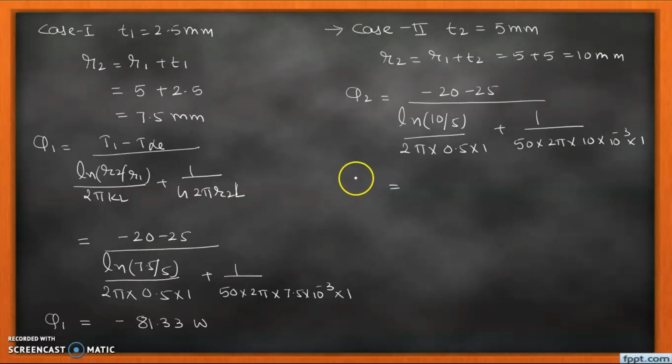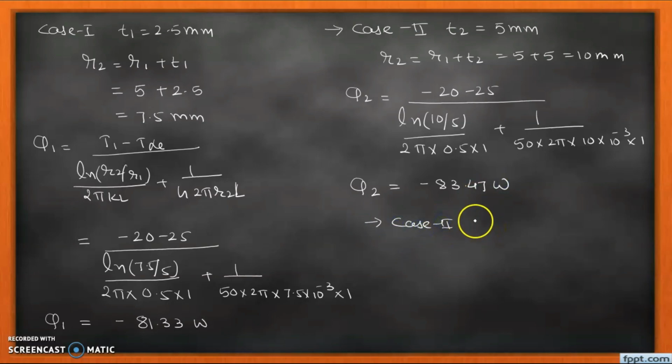So here the value of Q2 for the thickness 5 millimeter, we get the answer minus 83.47 watt.